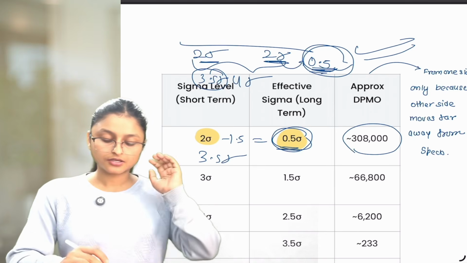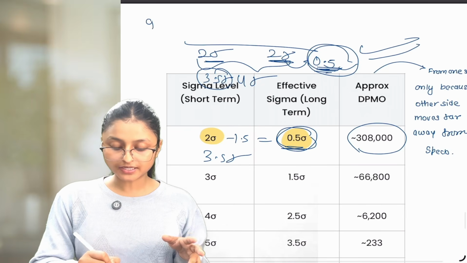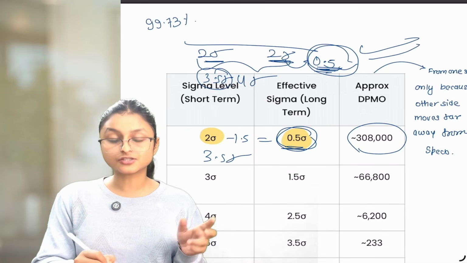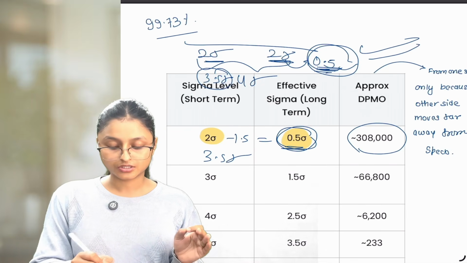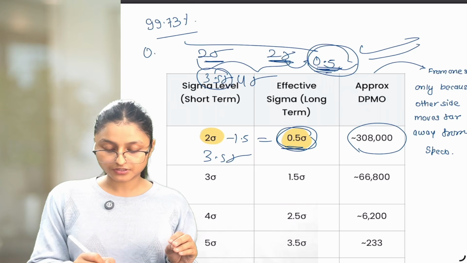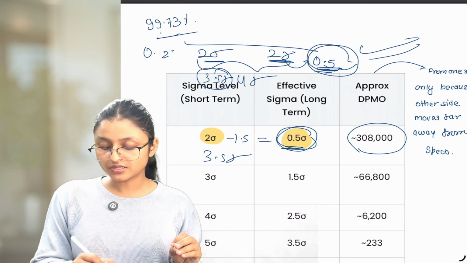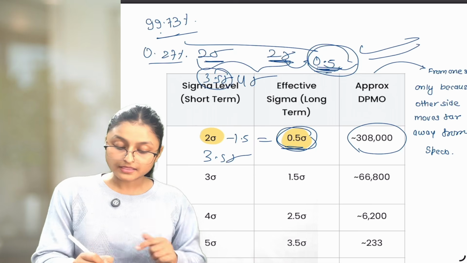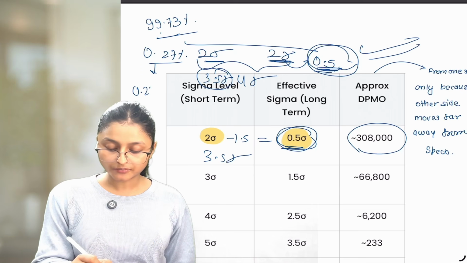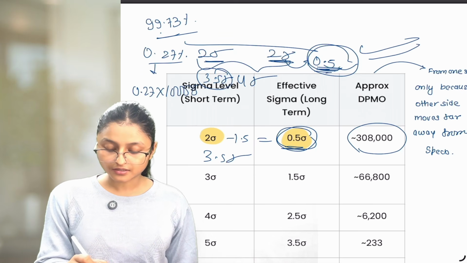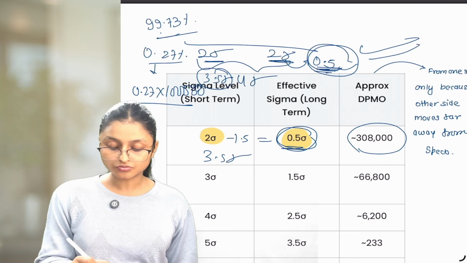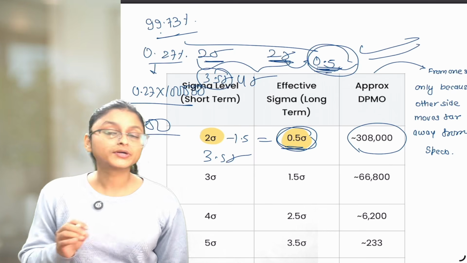How will you get it? We understood in the case of 3 sigma that 99.73% is the z-score percentage. After this, we get the defectives. So 100 minus 99.73 is equal to 0.27%. And with the help of it, we calculate 0.27% into 10 lakh, which is equal to 2,700 defects. That is how it is calculated.